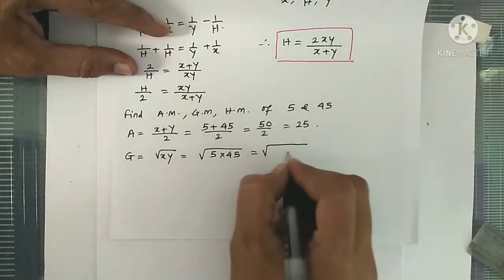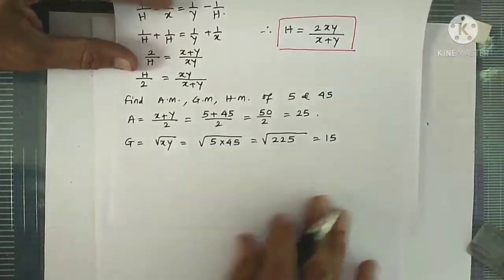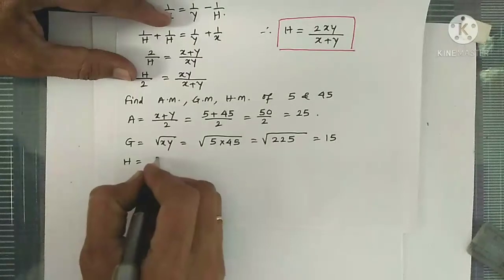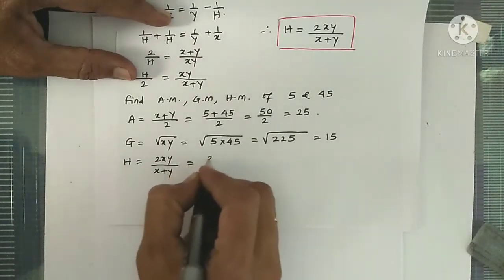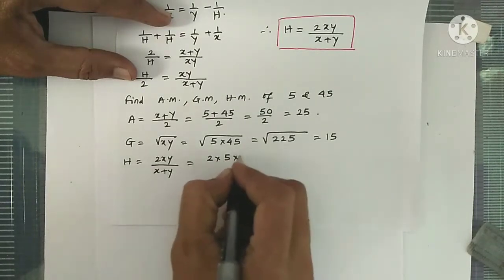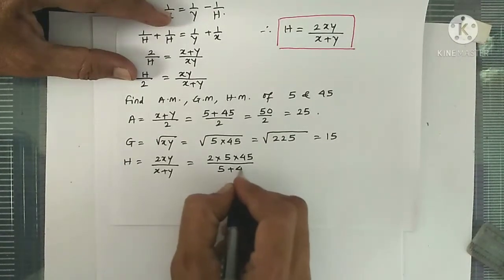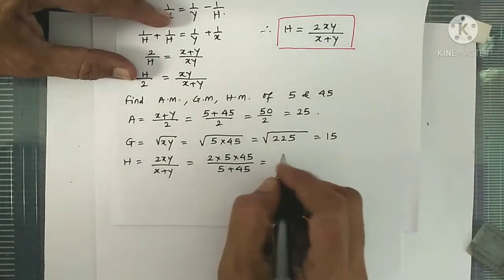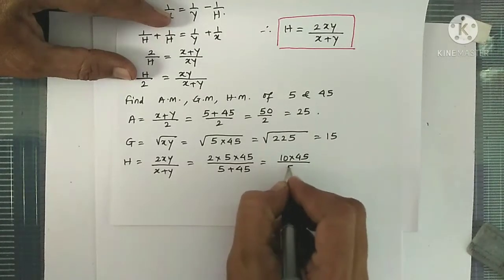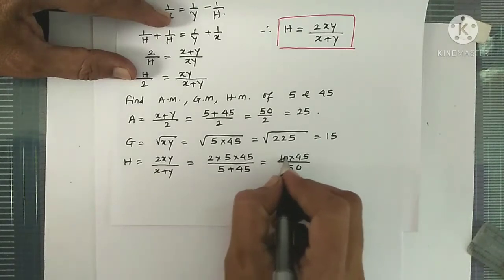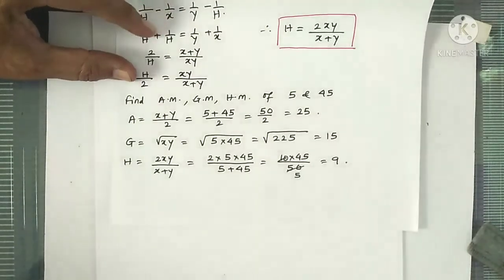Let's multiply this. It is 225 and square root is 15. And harmonic mean is 2xy upon x plus y. So 2 into 5 into 45 divided by 5 plus 45. So that is 10 into 45 divided by 50. So if we divide this 50 by 10, we get 5. 45 upon 5 is 9.